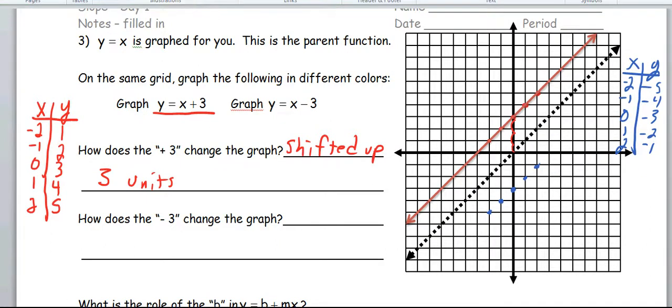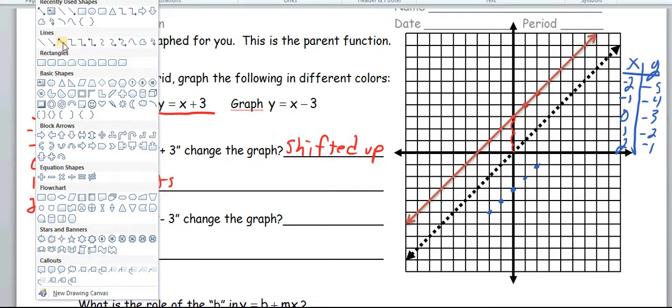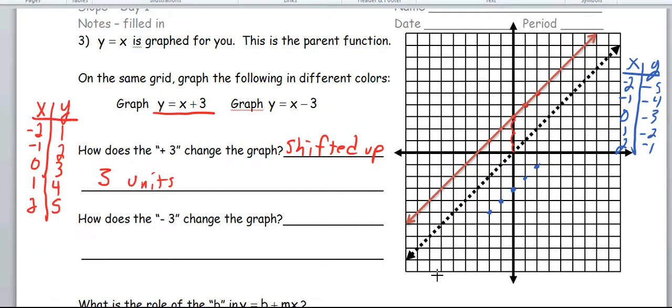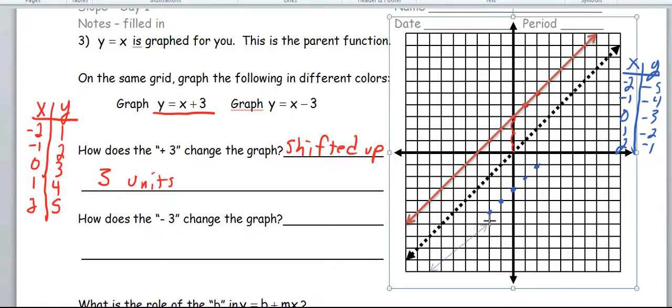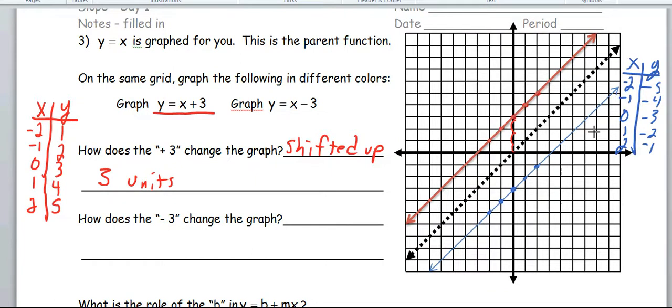Are you starting to see a pattern here at all? Well, hopefully your answer is yes. And the pattern would be that if we change the constant, what that does is that shifts our graph up or down.